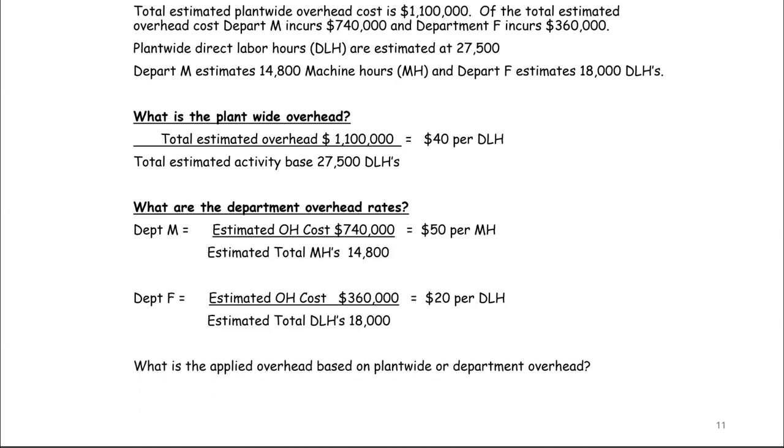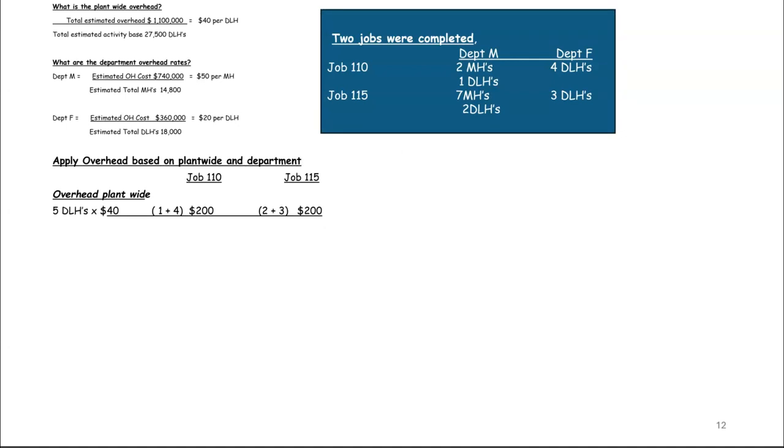So how much would be applied to each department based on plant-wide or departmental overhead? So plant-wide, and that's how I get the hours. For job 110, I had 1 hour for Department M and 4 hours for Department F. And then I did the same for job 115.